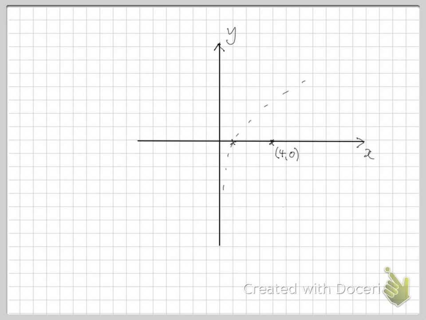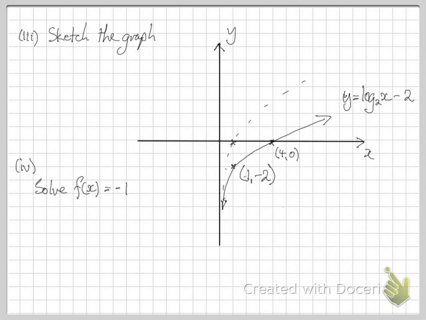But we've got a vertical translation of 2 units down, so we know that that point now will be down here. So sketching in our graph, and we've got to do a bit of a corner here, it's going to go like that. So that's the graph of y equals log to the base 2 of x minus 2.